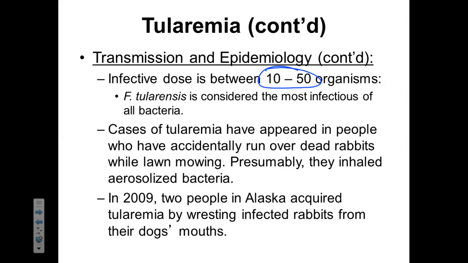In those situations, it's been assumed that the bacterium entered the patients via the respiratory tract as they inhaled aerosolized bacterium. Back in 2009, there was an incidence where 2 people in Alaska acquired this disease by wrestling infected rabbits from their dogs' mouths. It's quite easy to contract because it has such a high infectious rate.